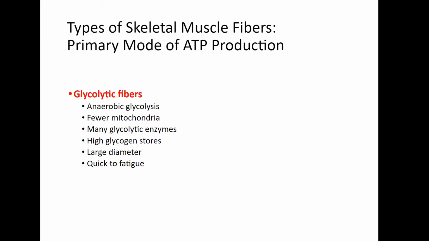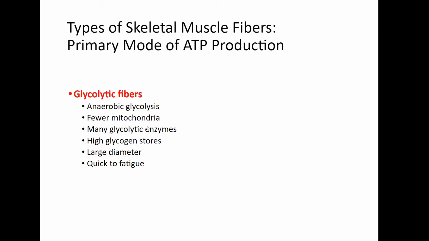This means that they don't really need mitochondria, right? They're mainly doing glycolysis, which occurs out in the cytoplasm. So if we compare glycolytic fibers, our glycolytic muscle cells, to oxidative fibers, in a glycolytic fiber we would see fewer mitochondria. We would see a bunch more glycolytic enzymes, the enzymes necessary for glycolysis.